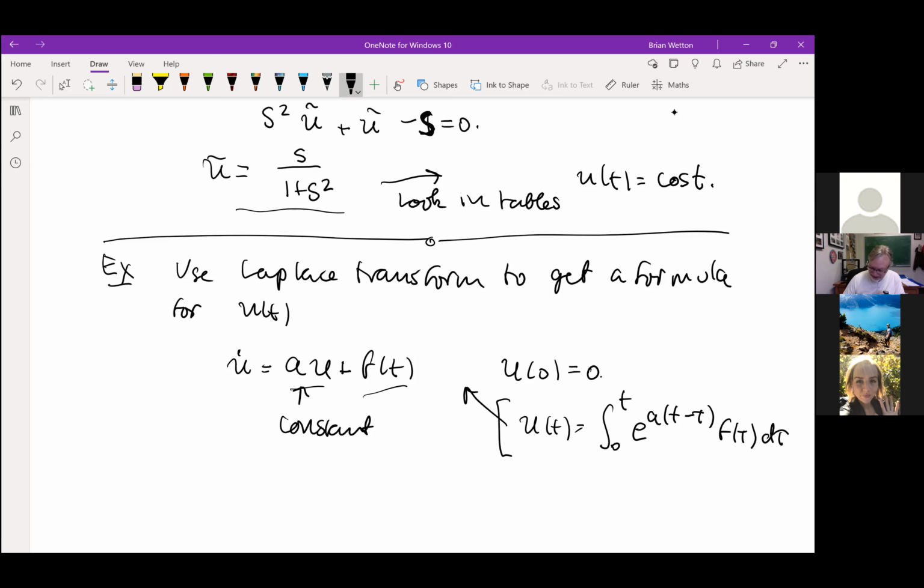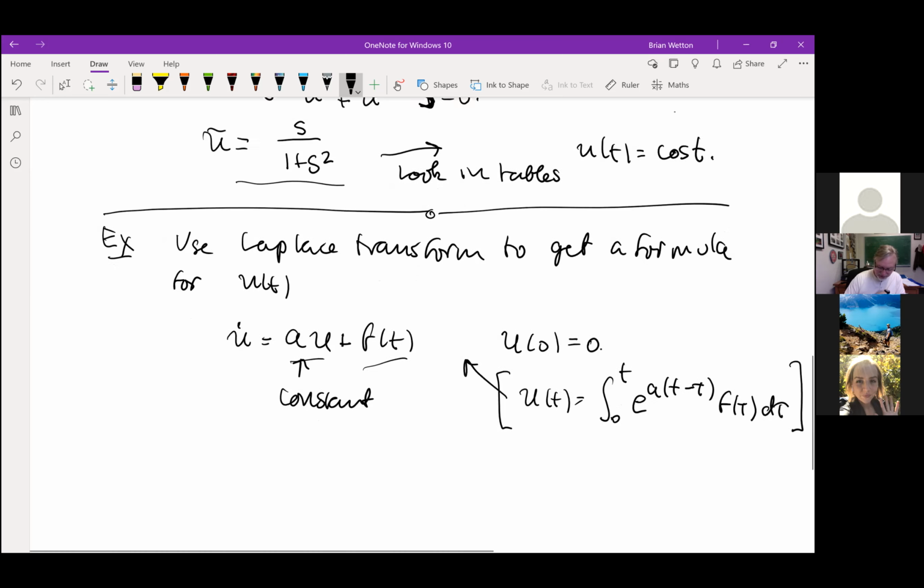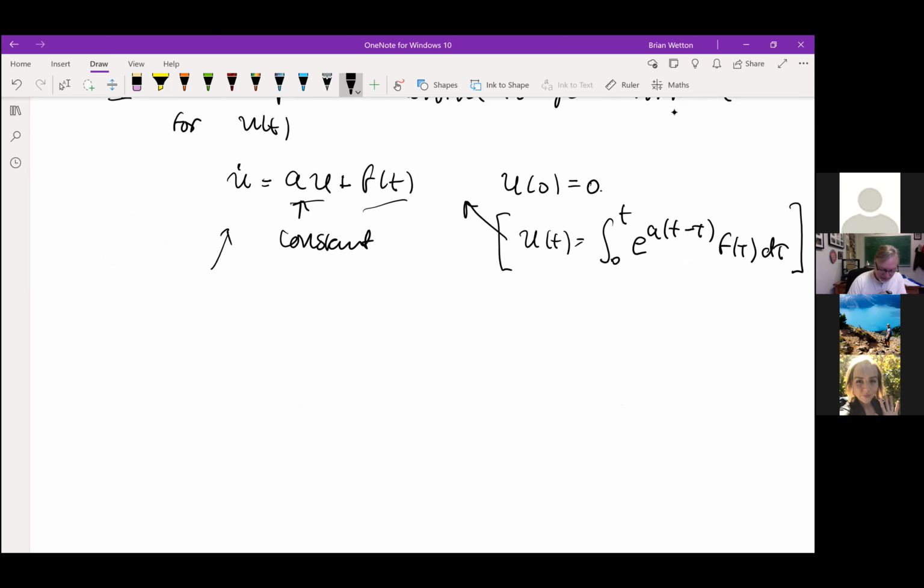So let's see that formula come out with the Laplace transform argument. I'm going to have s U tilde minus the initial conditions, but those are 0. And over here, I get a U tilde plus F tilde. Now it's just algebra, right?